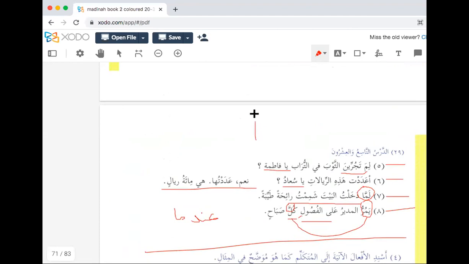So if you got hamzatul qata' and you got another one which is the ordinary hamza, which is the hamzatul mad or hamzatul wasl. So for example, al-an. In the Quran, these two alifs are written as one alif with a mad on it.